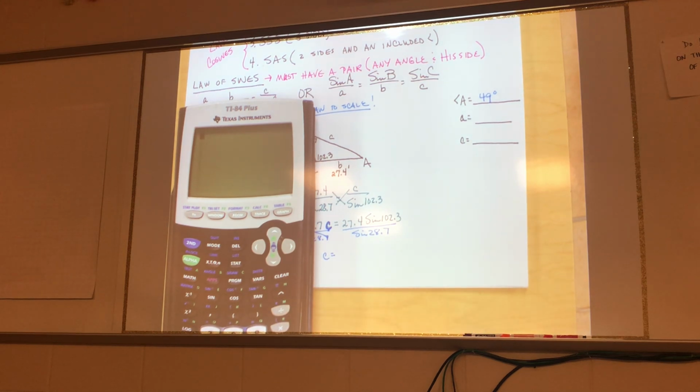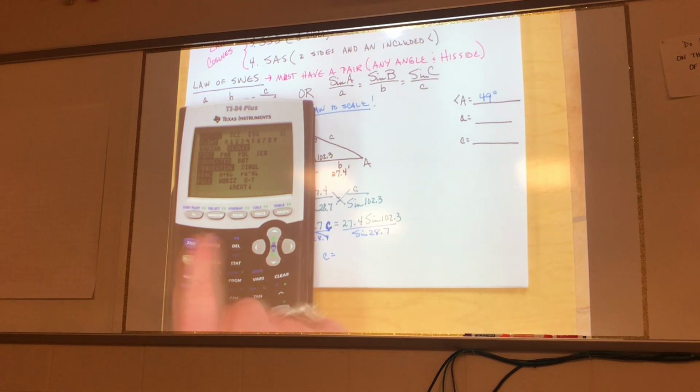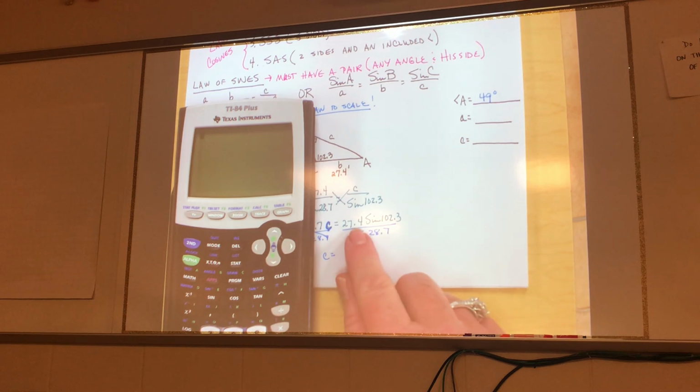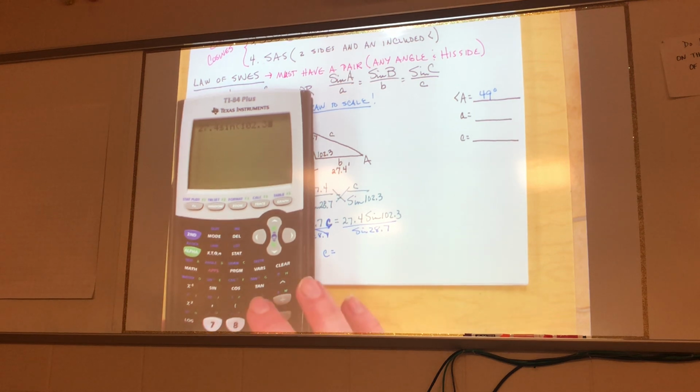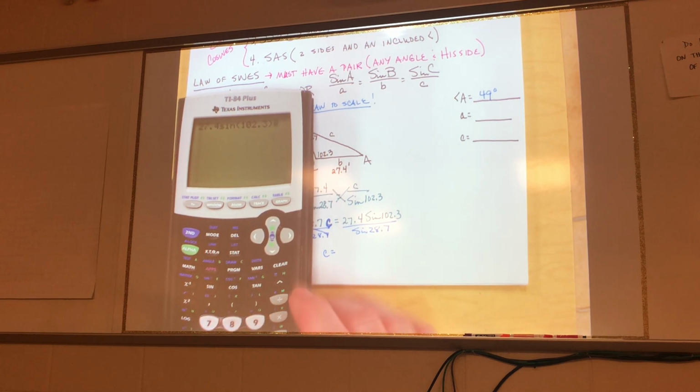Tell me what I'm gonna do very first thing. Put your calculator in. Go to your mode and make sure you're in degrees, okay? Make sure you're in degrees. Then we're doing what Sean said: 27.4 times the sine of 102.3, close the parentheses, divided by the sine of 28.7.